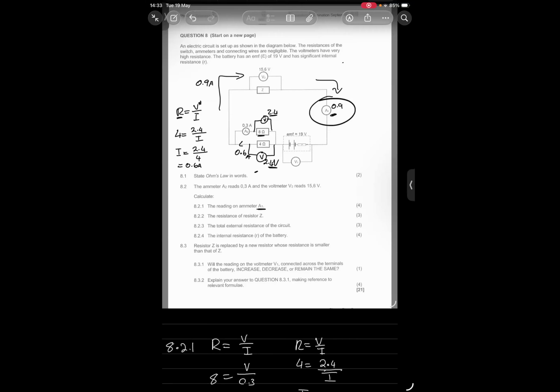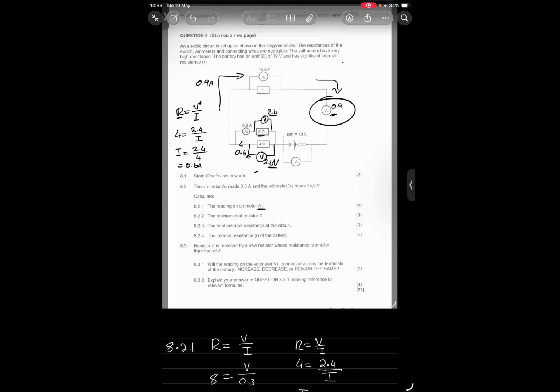And then that will cause the total current to increase. And then no, don't touch the partial current.